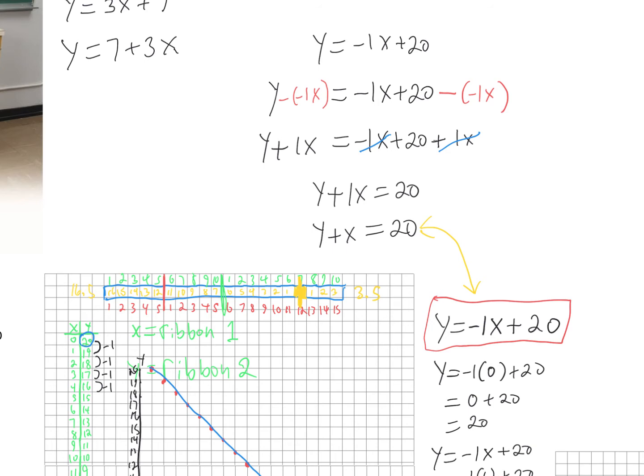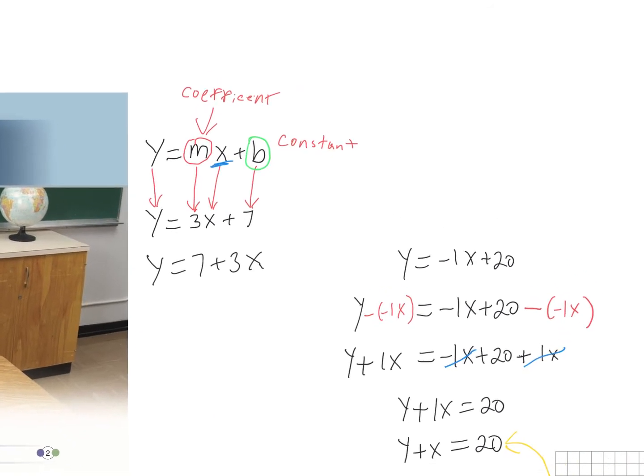So we have learned y equals mx plus b, and now the new form of the equation that we're using is just going to be y plus mx equals b.